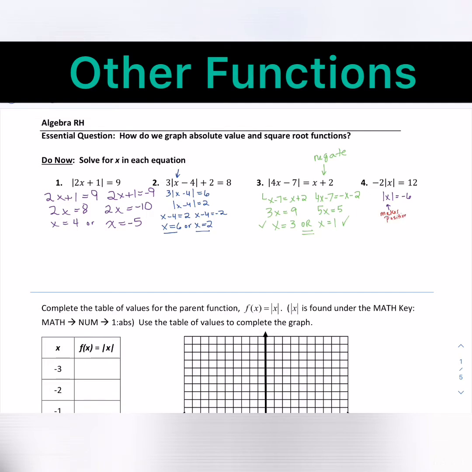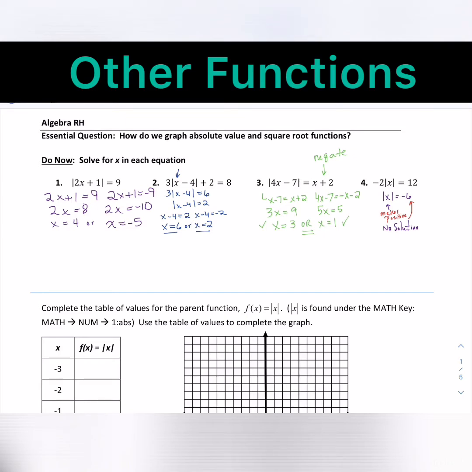So the big question is, can absolute value ever be negative? The answer is no. So here we have an answer of no solution. So I hope you got that. No solution.